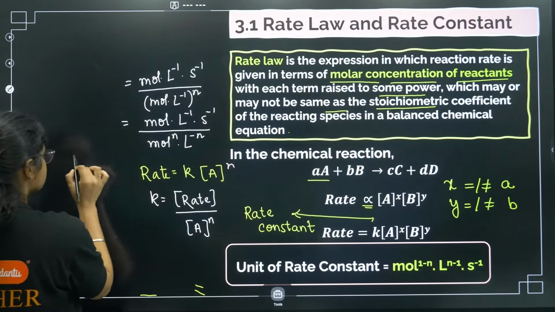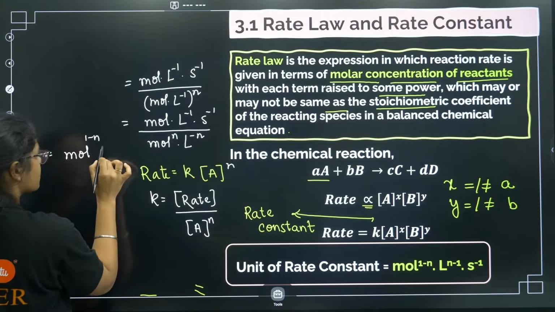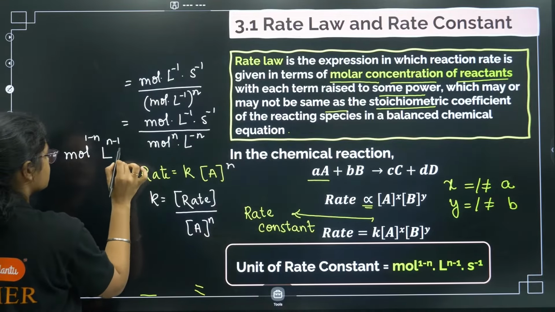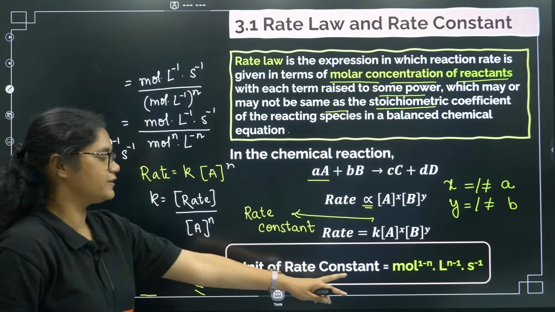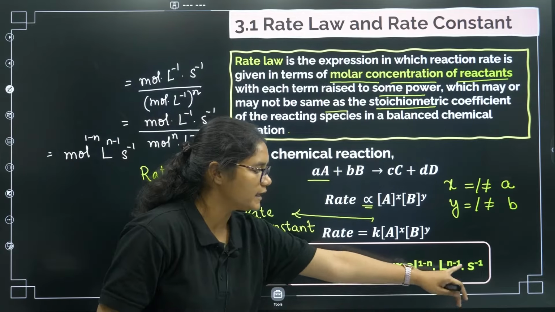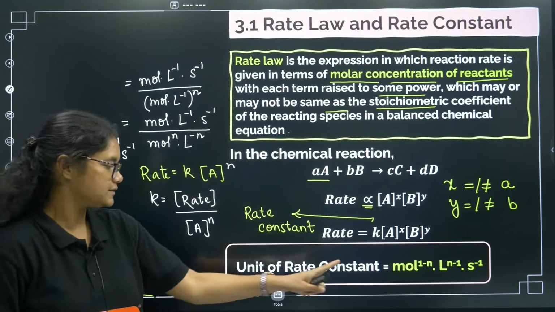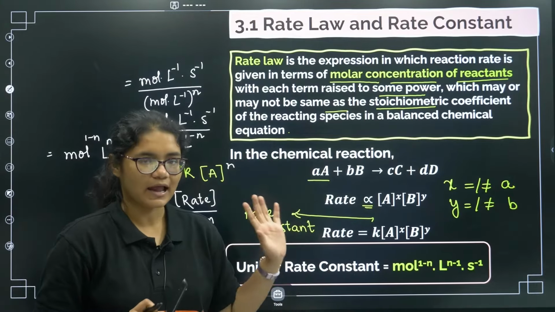Now if I solve this, I'll get mole to the power 1 minus n, liter to the power n minus 1, second inverse. So that is the unit of k. This is what you need to note down. Now what is n here? I'll talk about this.